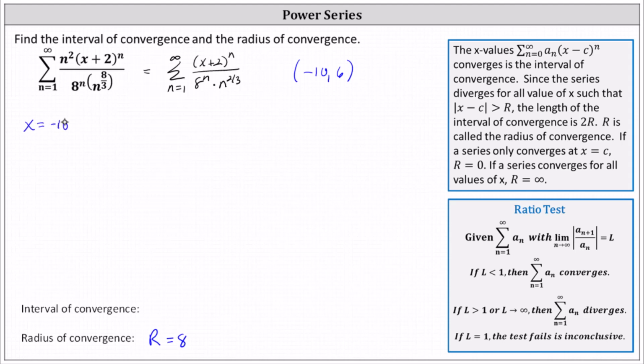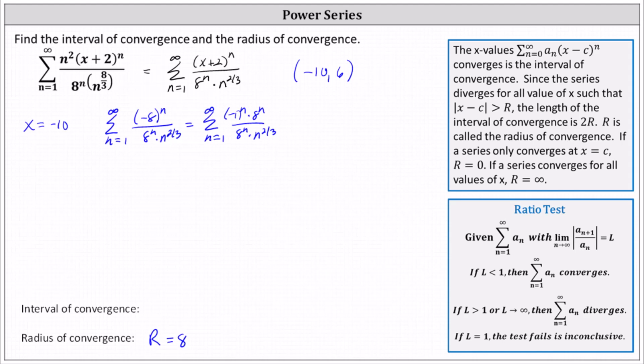We'll use a simplified power series formula. So we have the sum from n equals 1 to infinity of, subbing in -10 for x, we have -8 to the power of n divided by 8 to the power of n times n to the power of 2/3, which we can write as the sum from n equals 1 to infinity of -1 to the power of n times 8 to the power of n divided by 8 to the power of n times n to the power of 2/3.